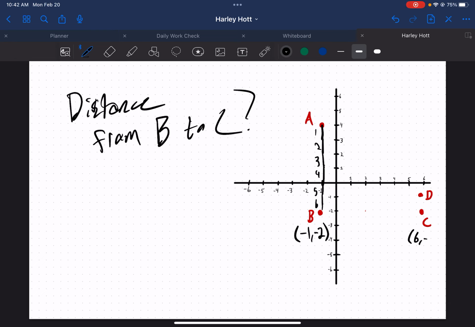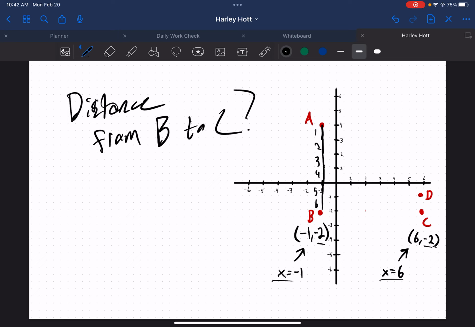+6, -2. So when I'm looking at this x component, here x is equal to -1, and here x is equal to 6. Their y values are the same. They're both -2. So rather than counting step by step, I can think, how far apart is -1 from 6?